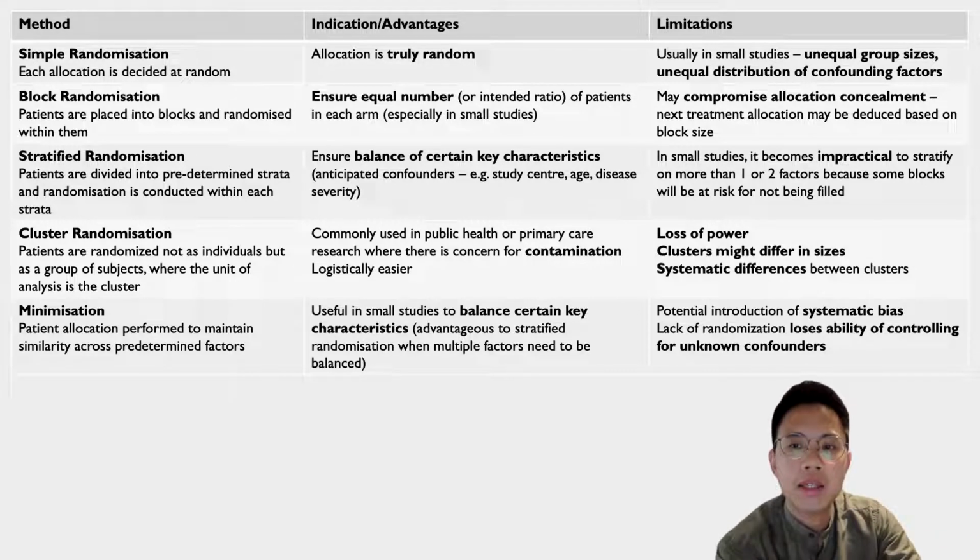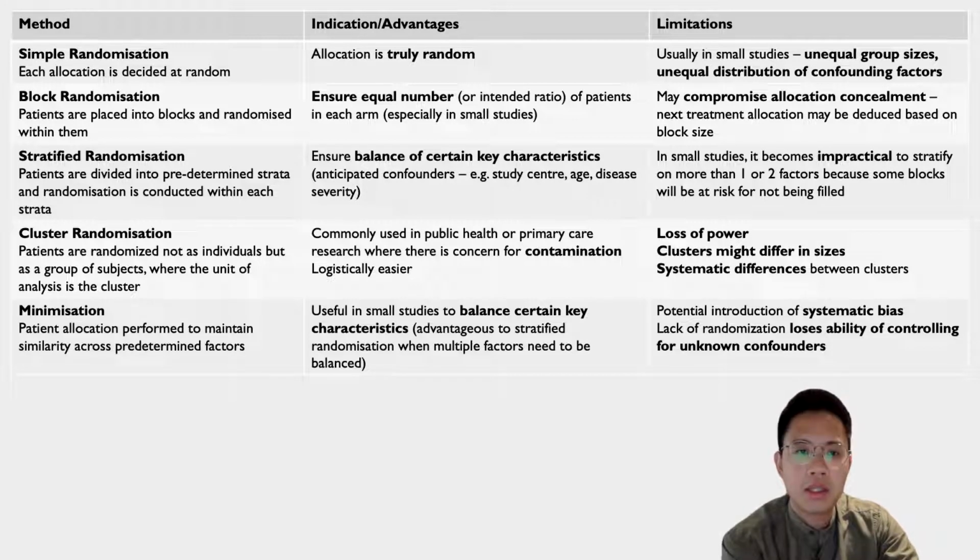However, in small studies, what may result is unequal group sizes just because of chance, or unequal distribution of possible important confounding factors. Because of this, we sometimes see other methods such as block randomization and stratified randomization, intended to overcome some of these problems with simple randomization.